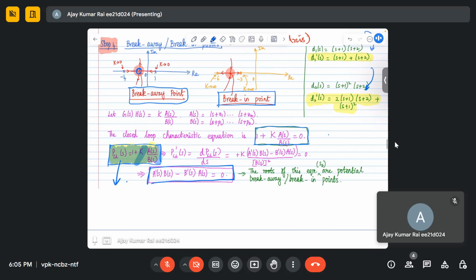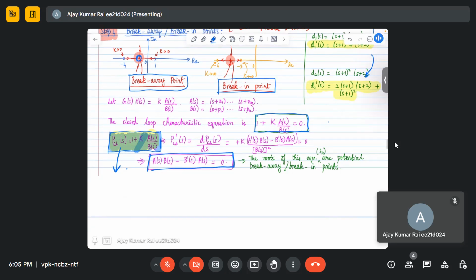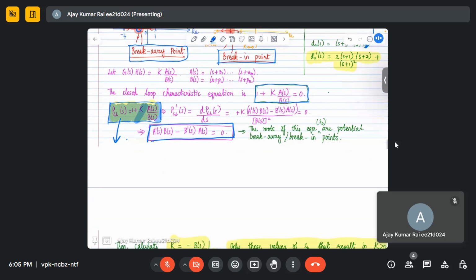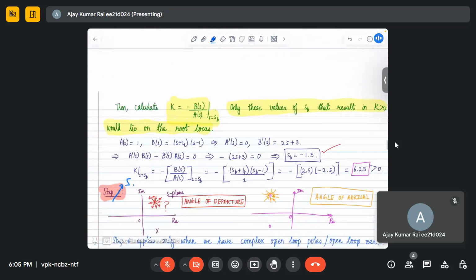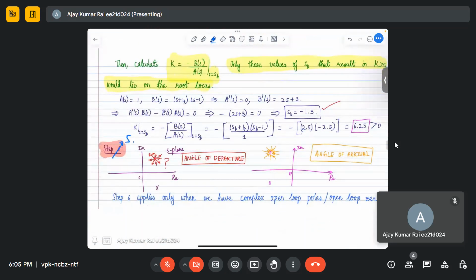Once you get the value of s, we see whether it lies on the real axis. It depends on the value of k, right? It can also lie on the positive real axis. So it should lie on the positive or negative real axis, and correspondingly we will have the value of k. This is the procedure for calculating k.